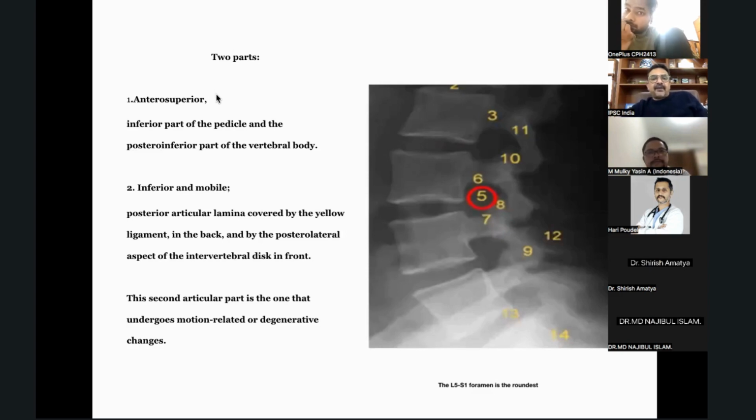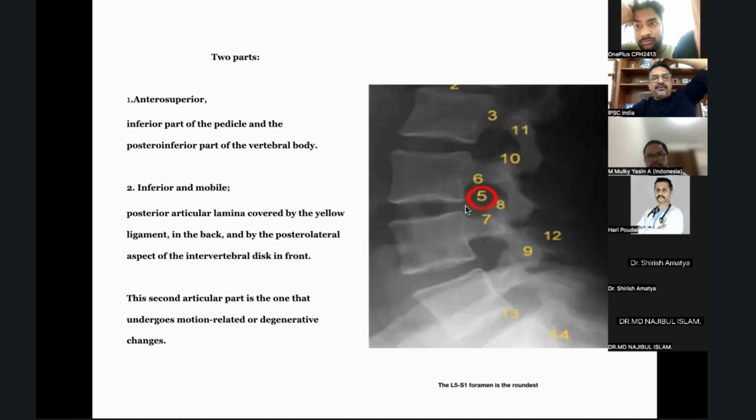As we all know the anatomy of the foramen, it has two parts basically, the mobile part and the fixed part. This is almost the fixed part, the upper part of the foramen, which is bounded by the inferior articular notch, the vertebral body, and the inferior process over here.